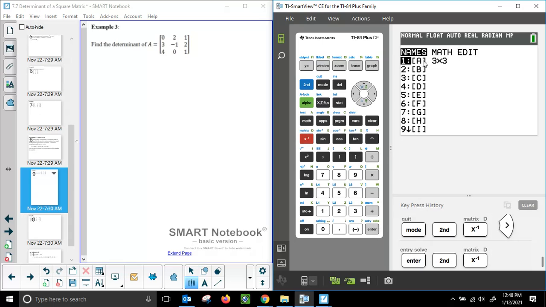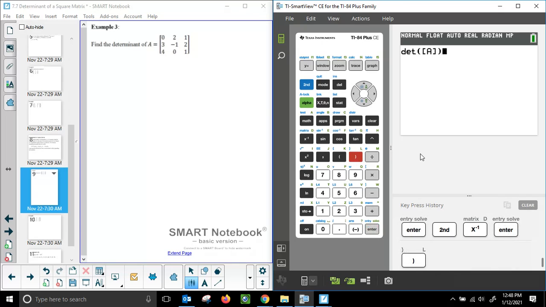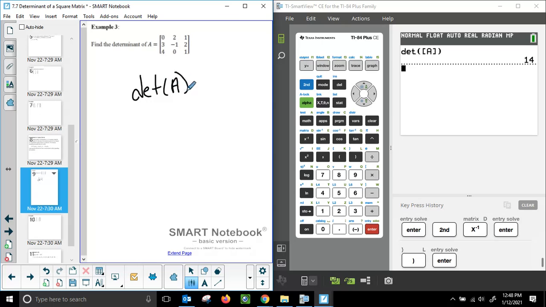I've already edited my matrix A, so I have what I want in there. We just hit enter there, and this will give us the determinant of matrix A. According to our calculator, the determinant of matrix A is 14.